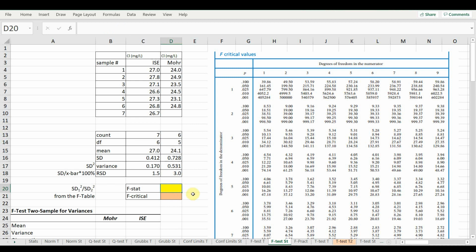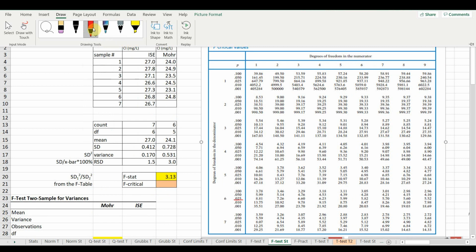In any case, the F stat is equal to the ratio of the variances. 0.531 for the Moore method divided by 0.170 for the ISE method, so 3.13. So are the variances the same statistically or different? We need to get a value from the table.